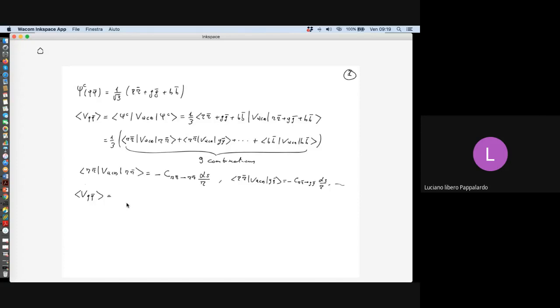We put the alpha strong divided by R outside, so this is minus alpha strong divided by 3R, and then we just have to sum up all the color factors: C, red anti-red into red anti-red, plus C, red anti-red into green anti-green, plus etc. Essentially here we have in total nine combinations, but 3 correspond to the first category that we have seen yesterday, and 6 correspond to the third category.